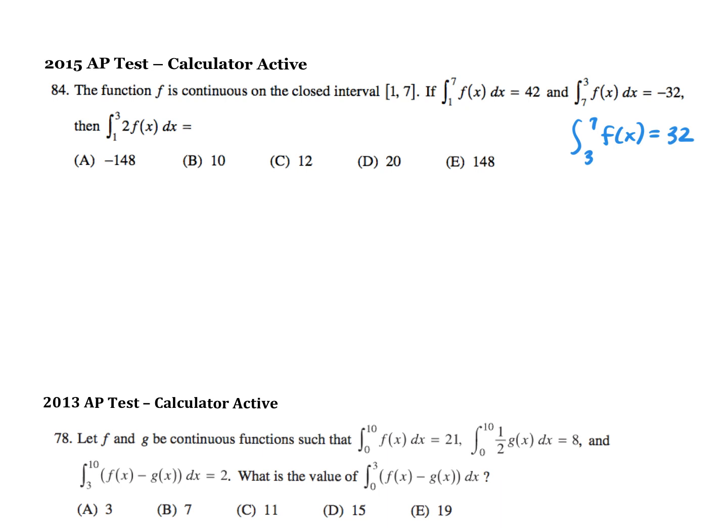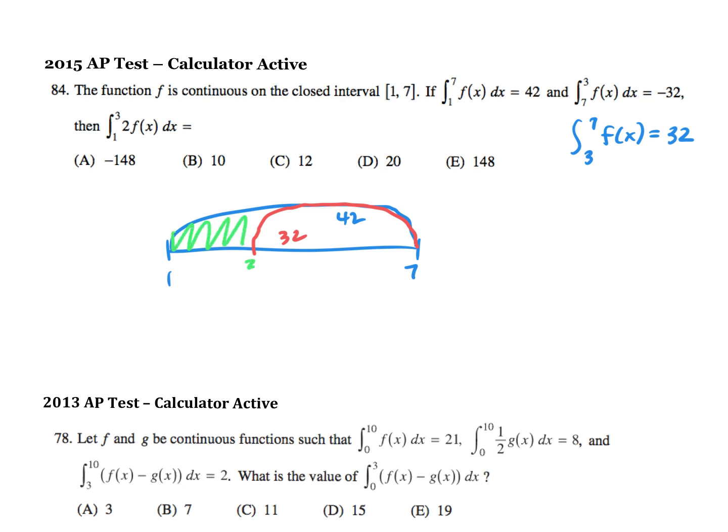What do they want? 1 to 3. They want 1 to 3. So 42 minus 13. Okay, so if I were to look at 1 to 7, it is 42. And then 3 to 7 is 32. How am I going to get this?